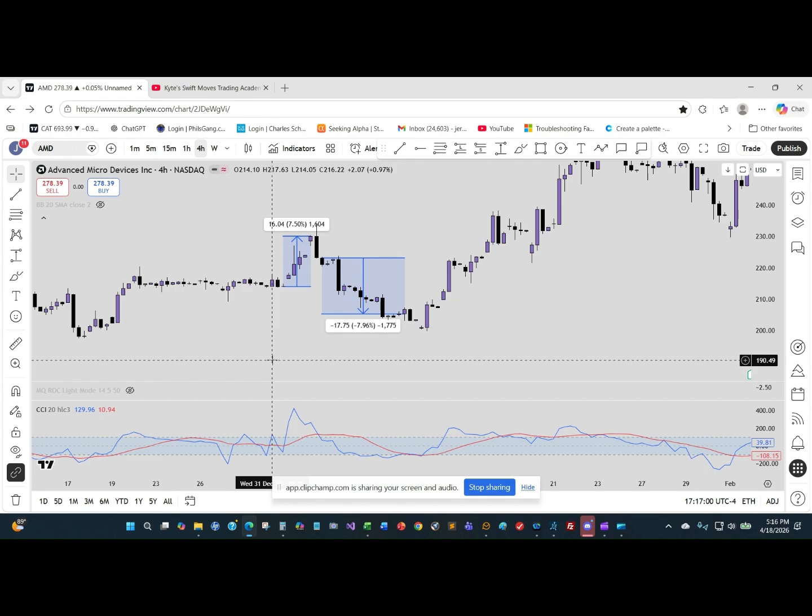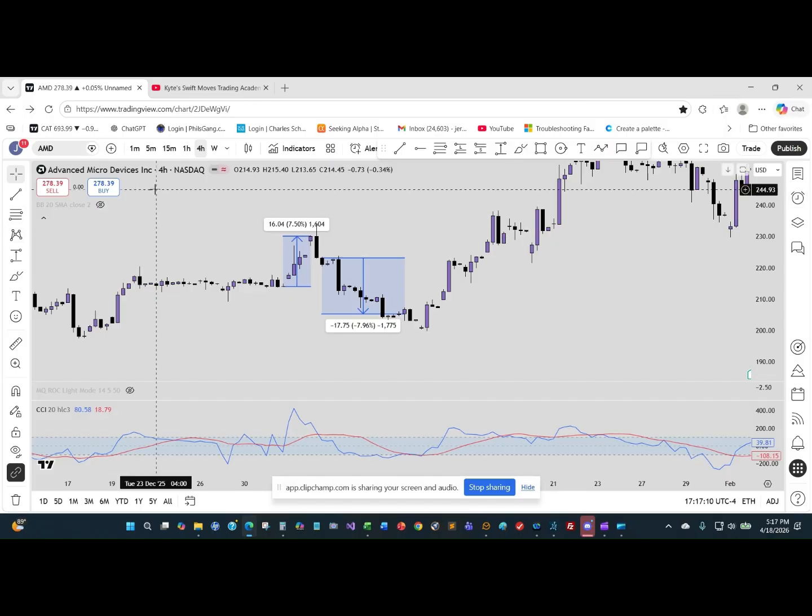Anyways, in the last video I was showing you this CCI indicator, and we were looking at COP, this time at AMD. Whatever, it doesn't matter for what I'm trying to show you today. Before, I was just showing you how to use this indicator, and we talked about the price move.